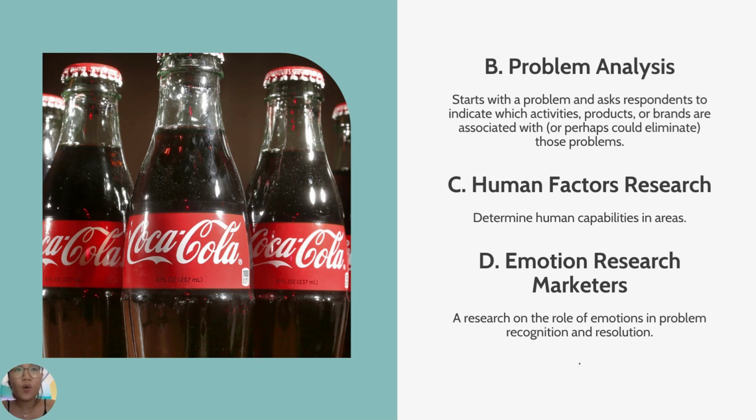It examines the role of emotions in problem recognition and resolution. Common approaches are surveys, focus group research, and personal interviews that examine the emotions associated with certain problems. For example, researchers are beginning to examine how consumers cope with negative emotions associated with a product or service that does not meet their demand.